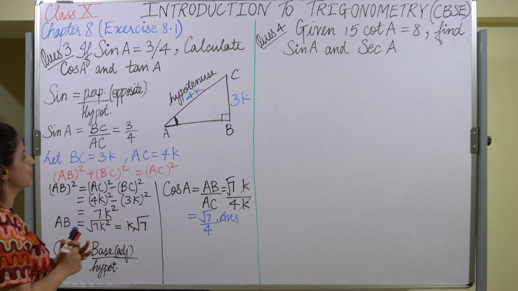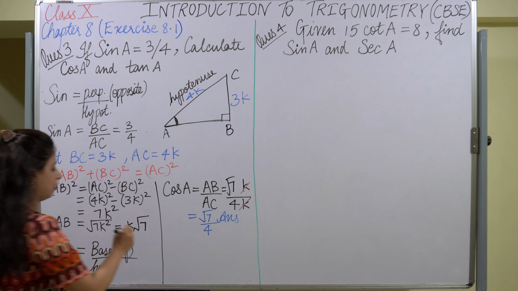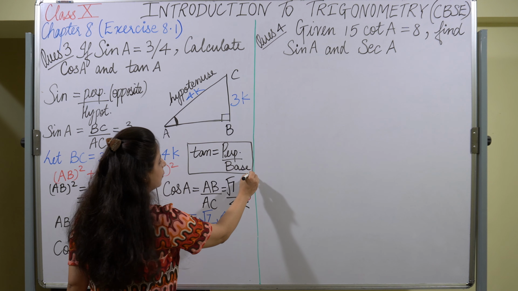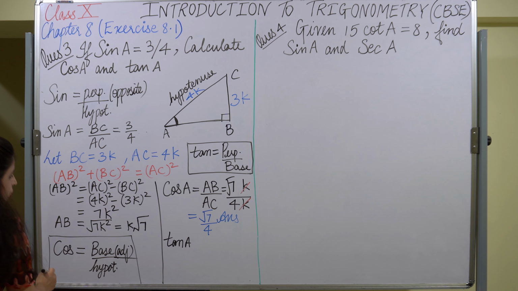In the second part we need to find the value of tan A. Tan is always given by perpendicular upon base. The ratio of tan is always perpendicular upon base.